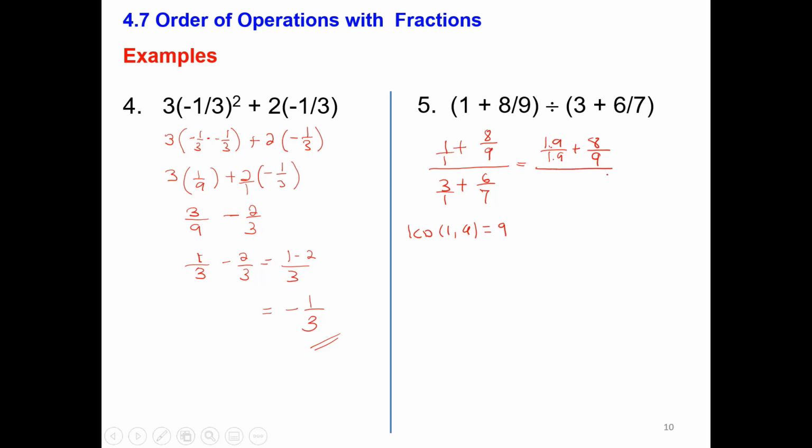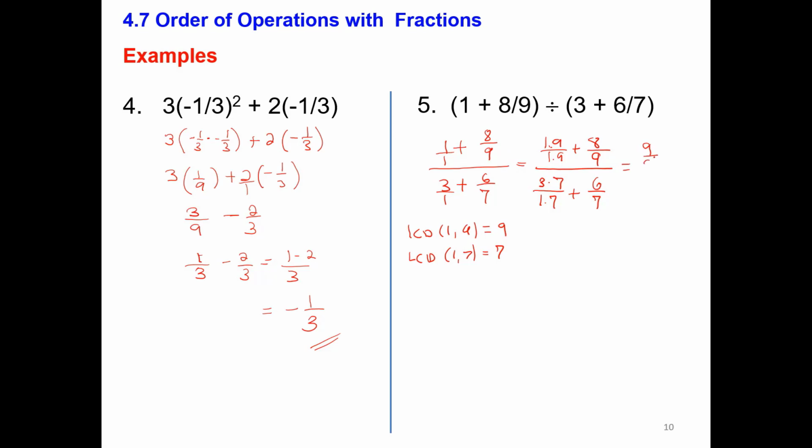And let's see what happened in the denominator. The LCD of 1 and 7 is 7. Yes. Then we need to get 7 as the denominator here. Then we need to multiply by 7. And here we don't need to do anything, yes, because 1 times 7 is 7. And let's now write here 1 times 9.